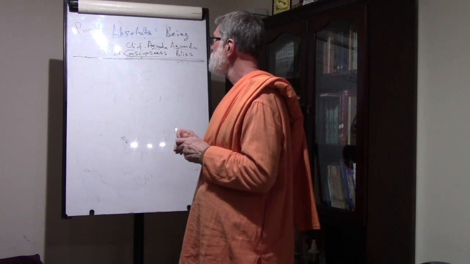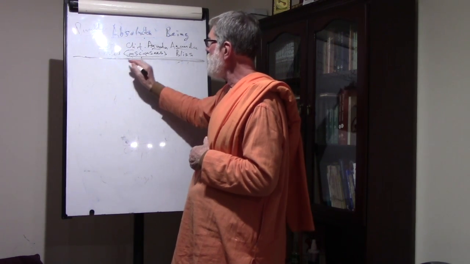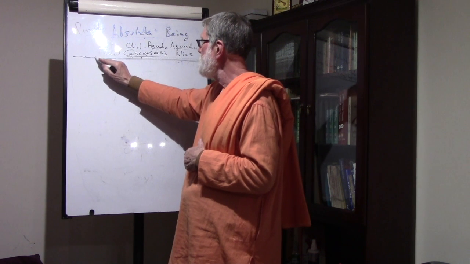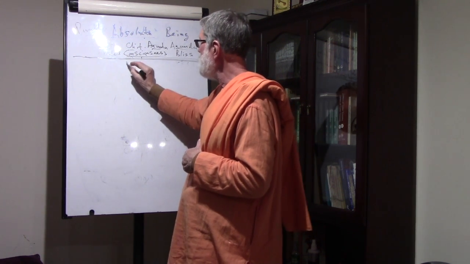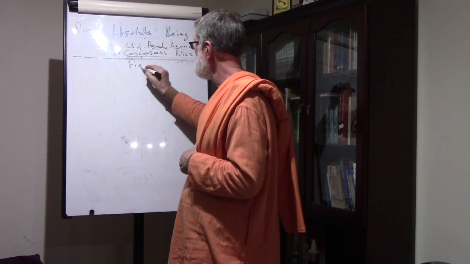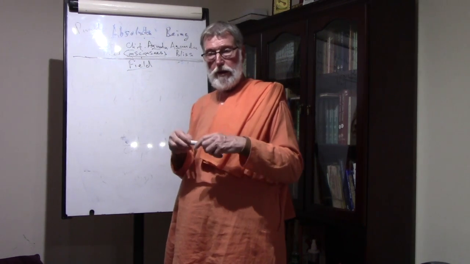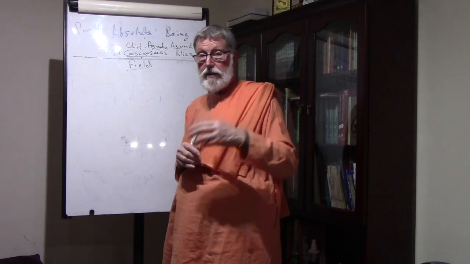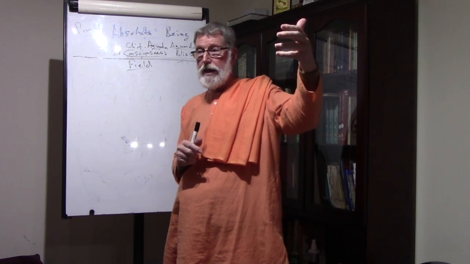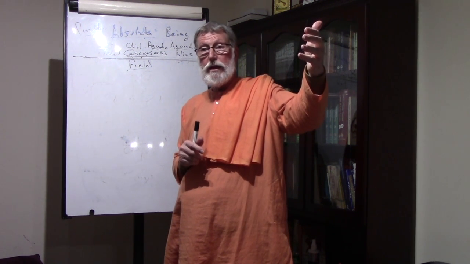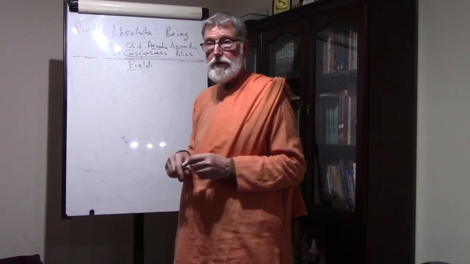Anyway, then how do we get any kind of relationship beyond this? Well, beyond this we have something called a field. Now we can use the field in many different ways. An agricultural field, of course, is an area where we can sow and reap. So this is an area where we sow and reap.